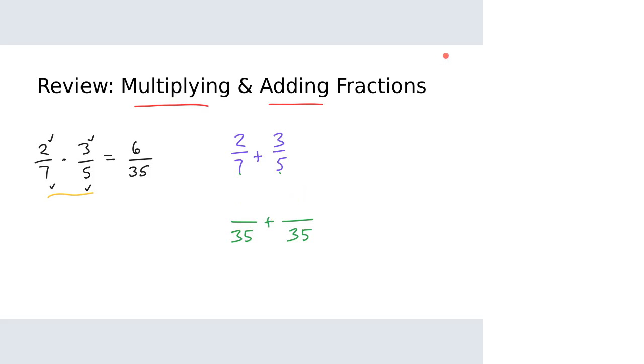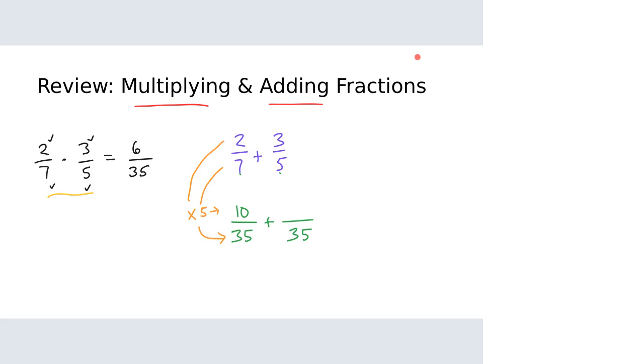If I change the denominator, I have to change the numerator because I want my new fraction to be equivalent to my old one. What I mean by that is, if we have multiplied the denominator by 5, then we also have to multiply the numerator by 5. And so what we end up with here, 2 times 5 would be 10.